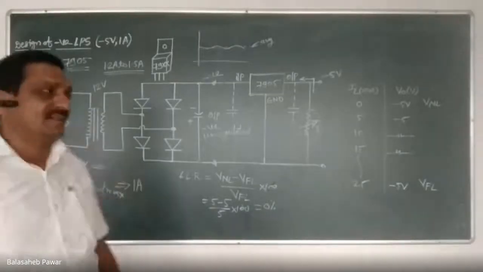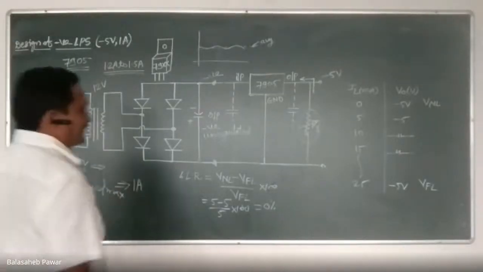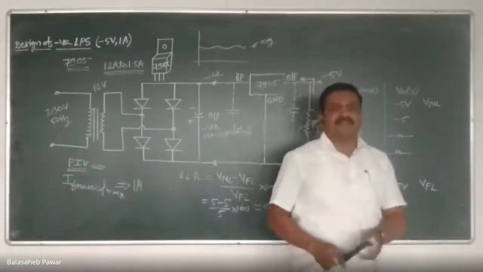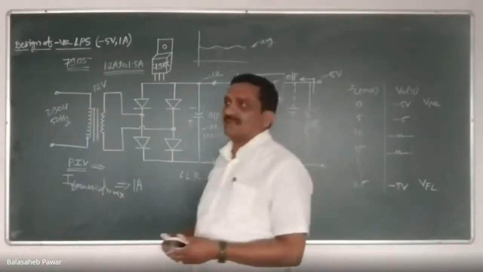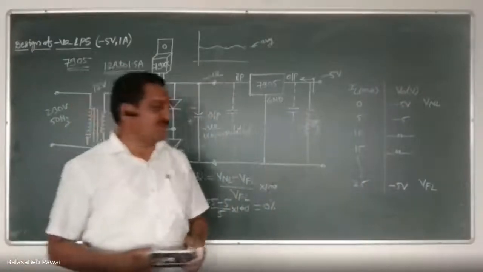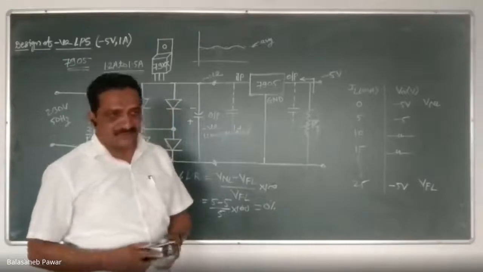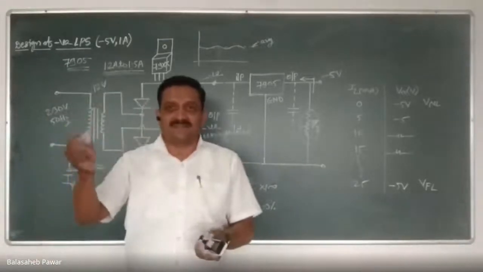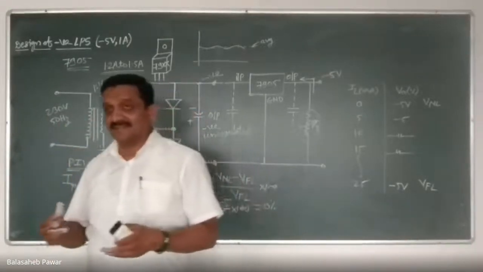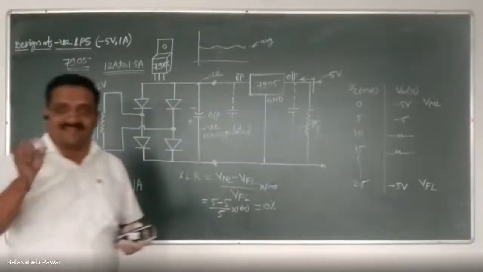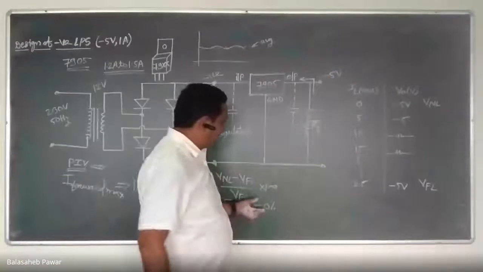So remember, percentage load regulation for an ideal linear regulated power supply is 0%. Options may be given to you like 0%, 50%, 100%. Generally, we go towards 100% while answering that question, but don't answer it as 100%.